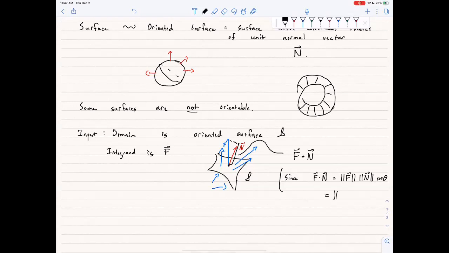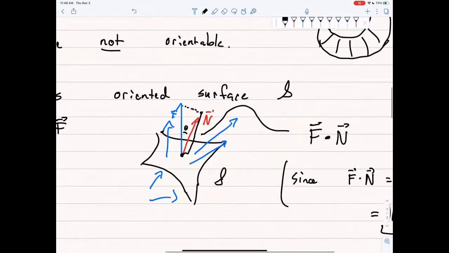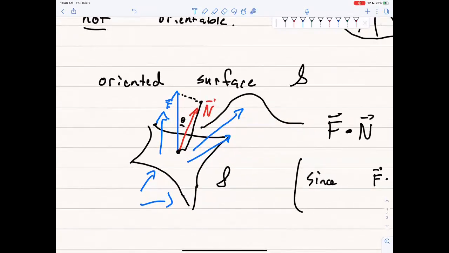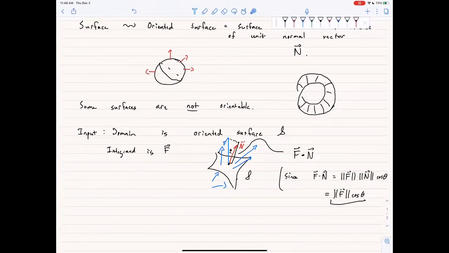So since the magnitude is 1, this is just F times cosine theta. When you make this triangle, this is our angle theta. Let's blow it up a little. If we're trying to compute this length here, this is just F times cosine theta. So the amount of fluid flowing through at that particular point is given just by F dot n.